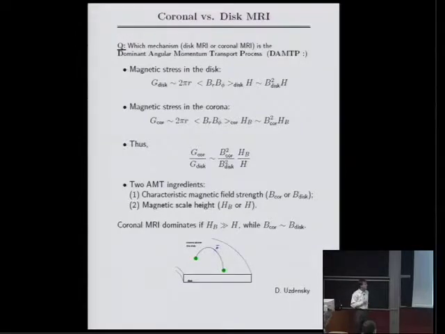And one can see that we don't really expect the magnetic field in the corona to ever be larger than the magnetic field in the disk. At best, it could be comparable. And then, in principle, one can have a situation where the coronal angular momentum transport dominates if the magnetic scale height in the corona is much larger than the disk scale height, h.